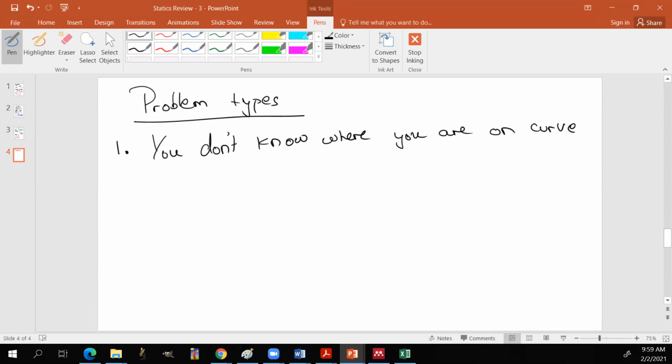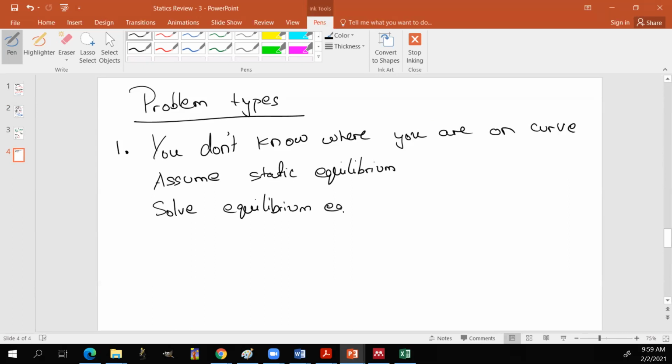So the easier way, there are many ways to skin a goat, is my suggested way: you assume static equilibrium. Then you solve your equilibrium expressions to find what your friction force should be.